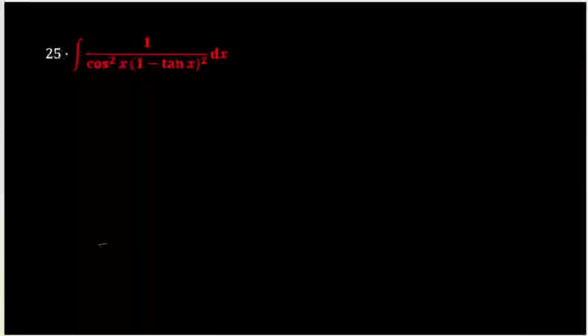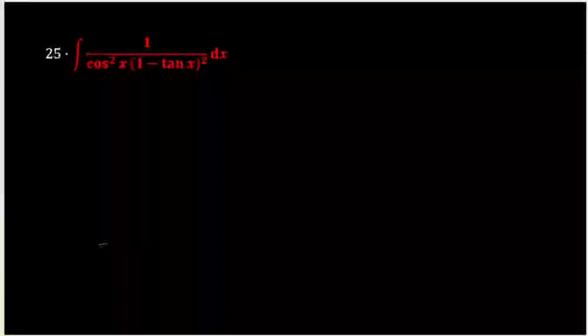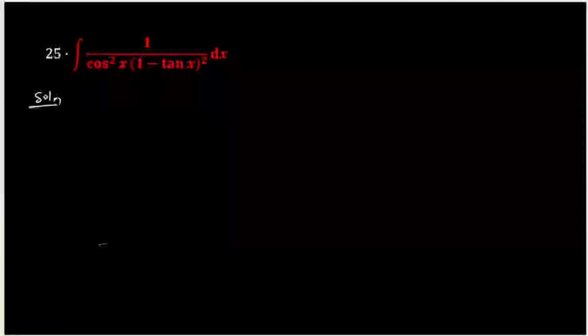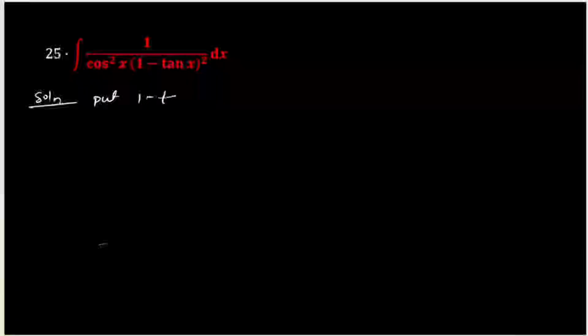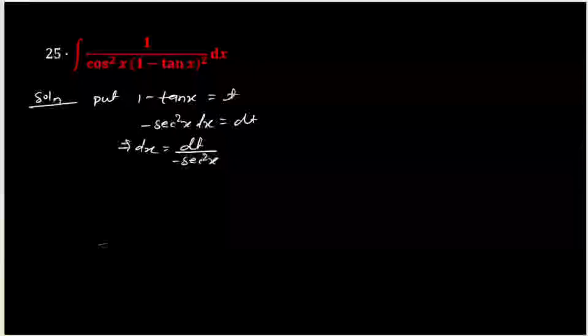Next problem is here. Given that this integral, we can see that 1 minus tan x is related. So solution: put 1 minus tan x equal to t and differentiate with respect to x, we get 0 minus sec²x into dx equal to dt, and this implies that dx is equal to dt by minus sec²x.